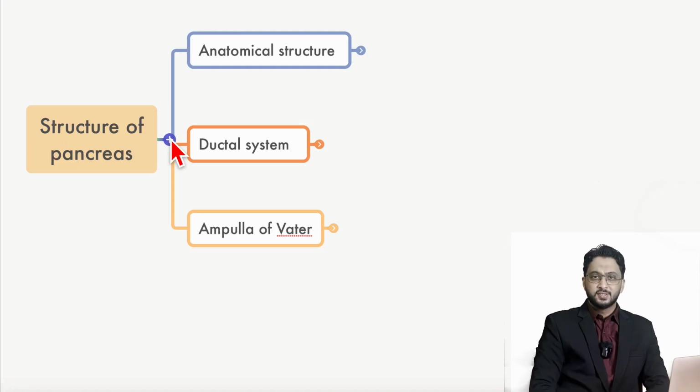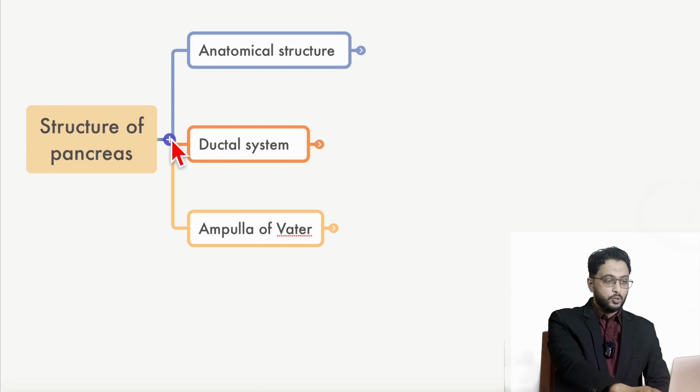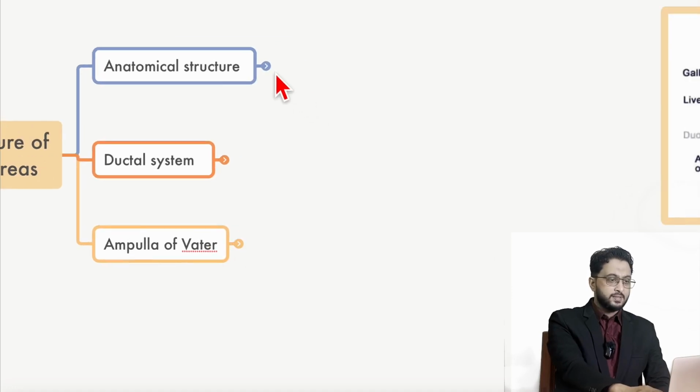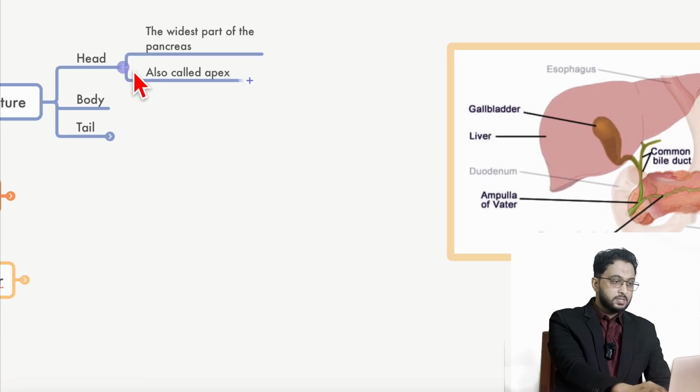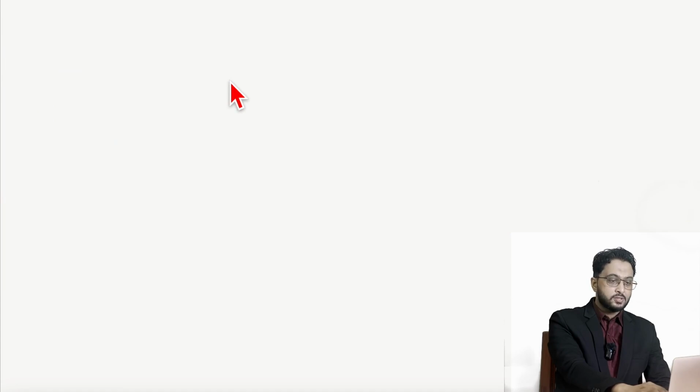Three things are good to know here. One is the basic anatomical structure. Second is the names of some ductal system there, as I've just shown you, the ampulla of Vater to be specific. The anatomical structure of the pancreas has a head, body and tail. The head is the widest part of the pancreas, also known as the apex.